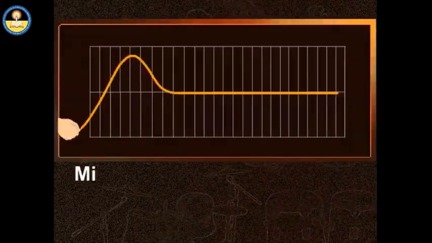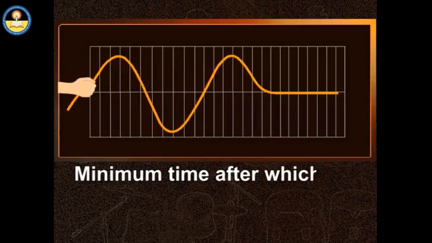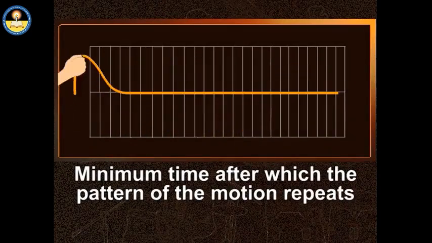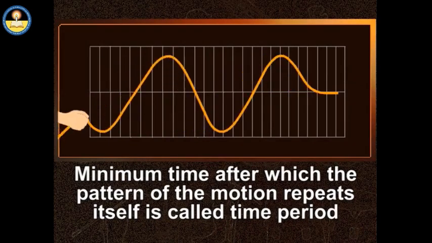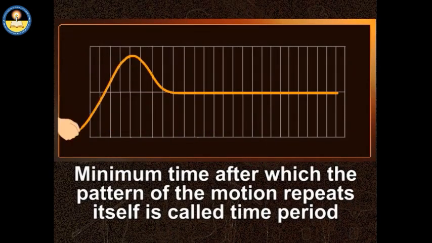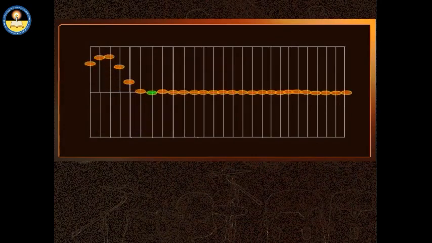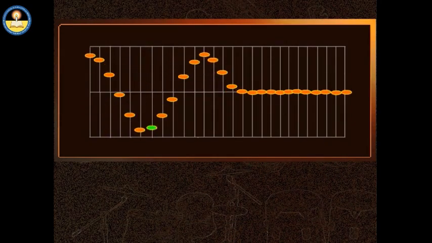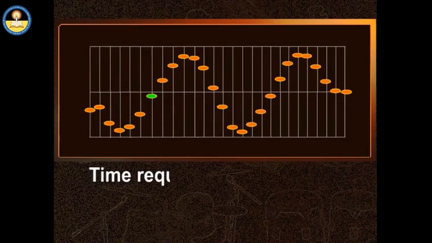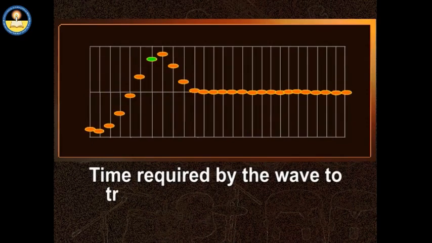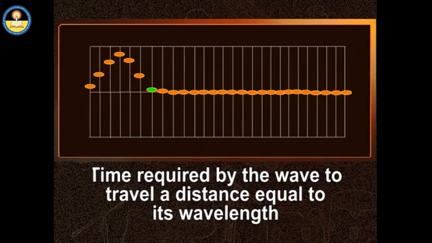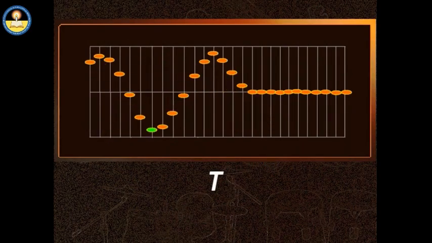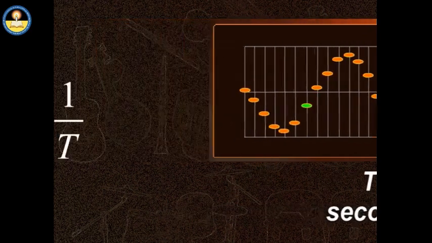On the other hand, the minimum time after which the pattern of the motion repeats itself is called the time period of the wave. It is simply the time taken to produce one wave. So, the time period can also be defined as the time required by the wave to travel a distance equal to its wavelength. It is represented by letter T and its unit is second.